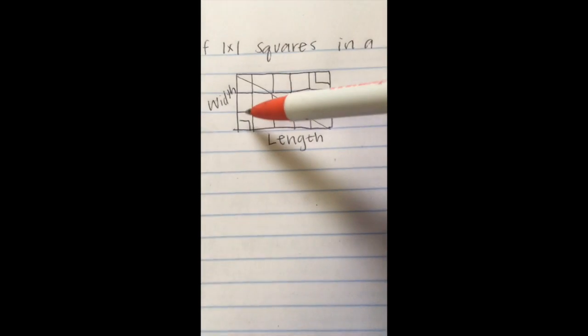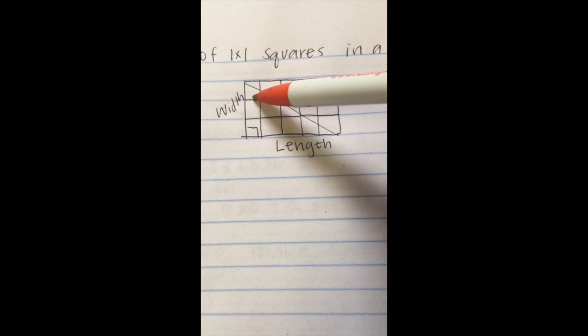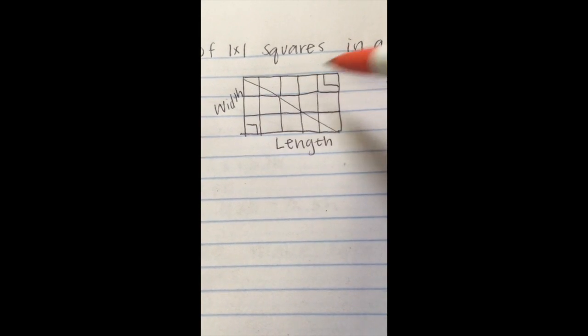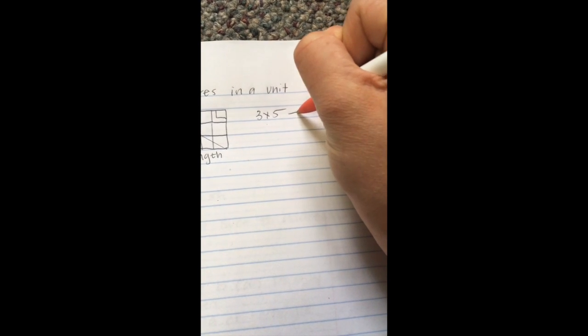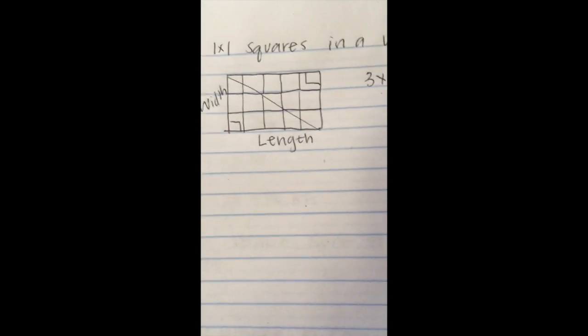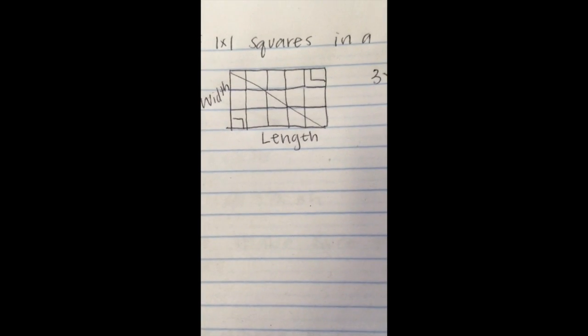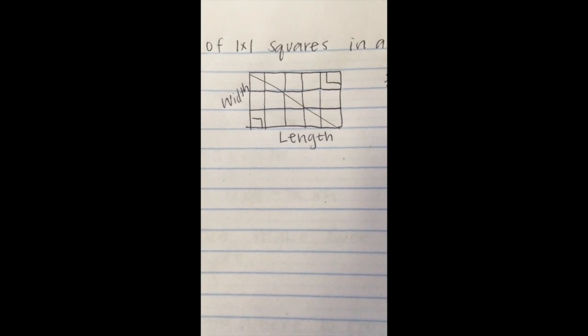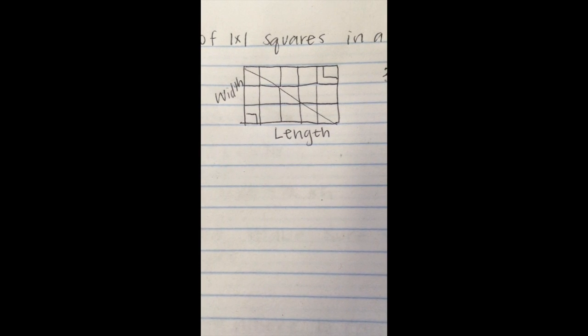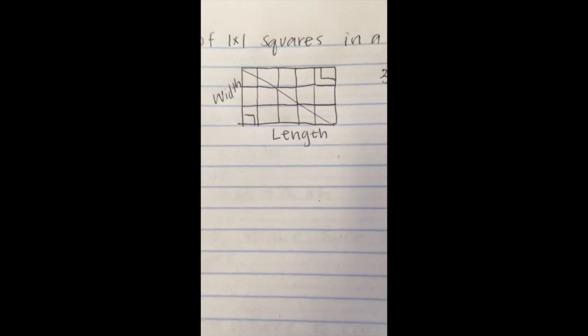So we know that it's 3 by 5, or 15. Now, like we mentioned before, if you look at this rectangle, we notice that the triangle is half of it.